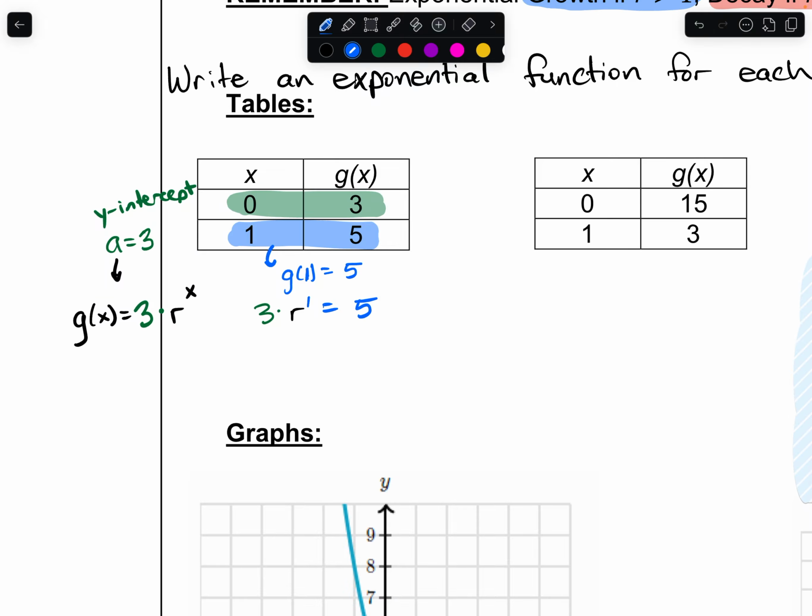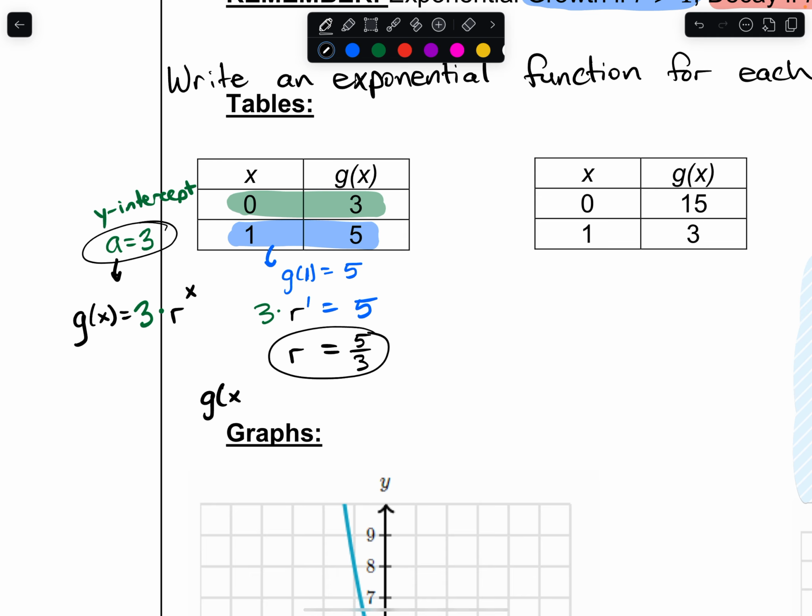If we divide both sides by 3, then the left side of the equation is just going to be r to the first power, which is really just r, and the right side of the equation is going to be 5 divided by 3. I'm just going to erase this 1 because r to the first power is just r. And now we have our 2 pieces of information that we need to write our exponential function.